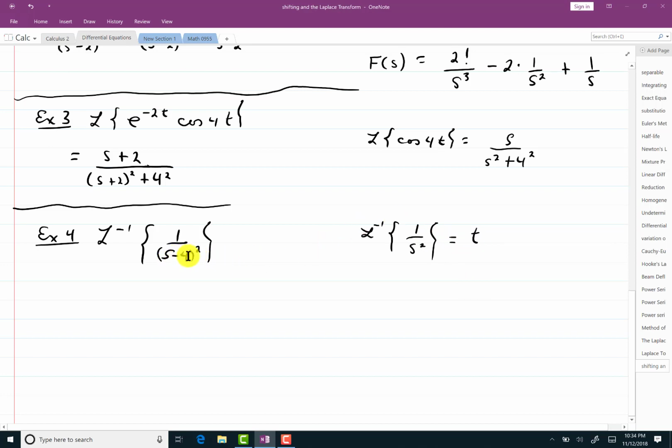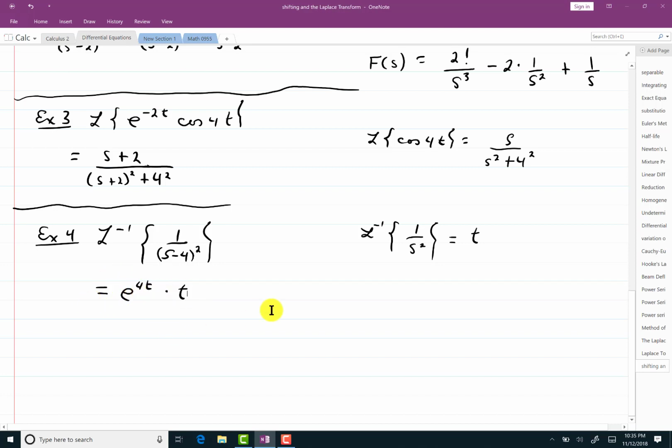This is shifting to the right by 4. What happened then? Well, that must have come from something that was shifted 4 to the right. So in other words, this equals e to the 4t times t.